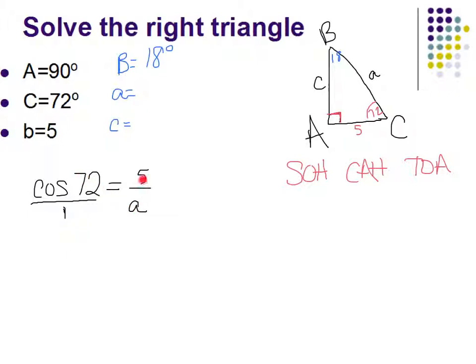So 5 times 1 is 5, and the cosine of 72 times a is a cosine 72. Okay, since I'm trying to solve for a here, I'm going to divide both sides by the cosine of 72.